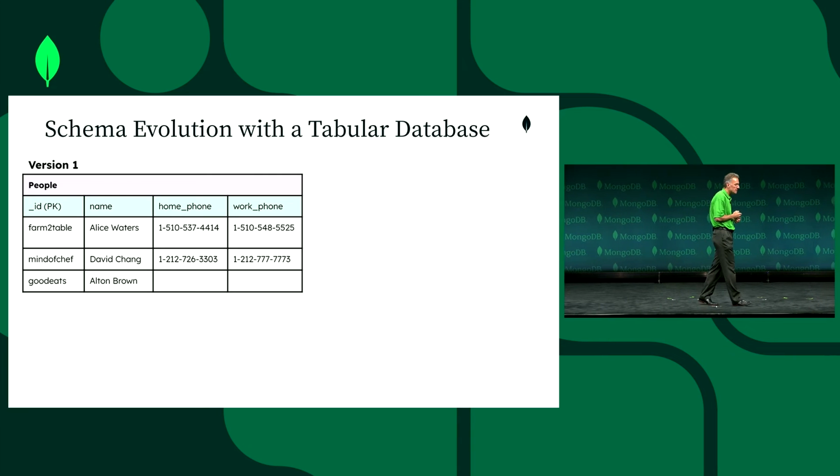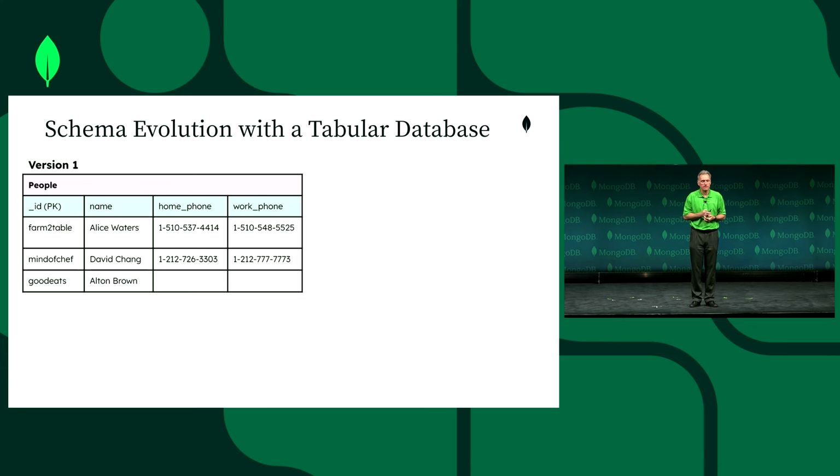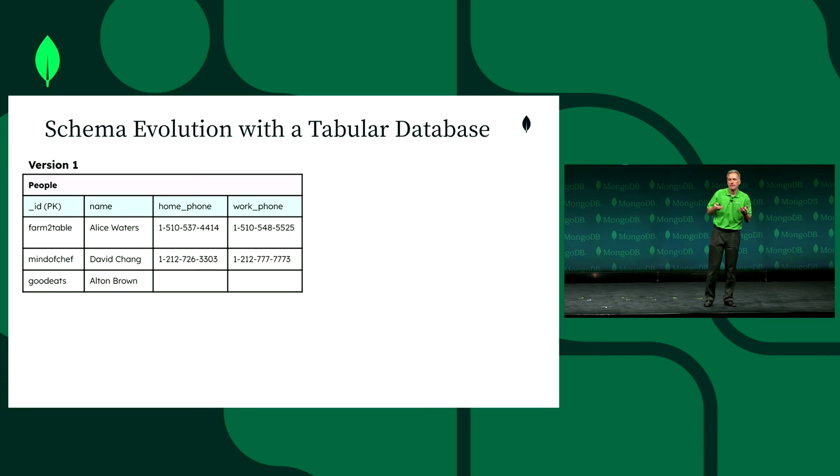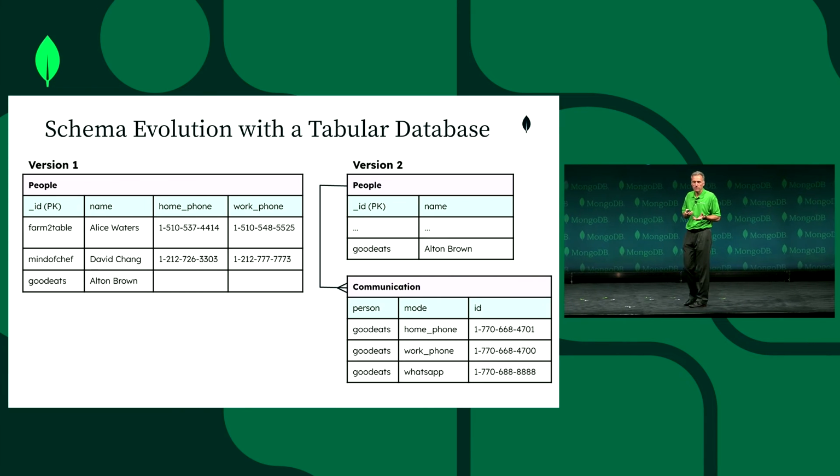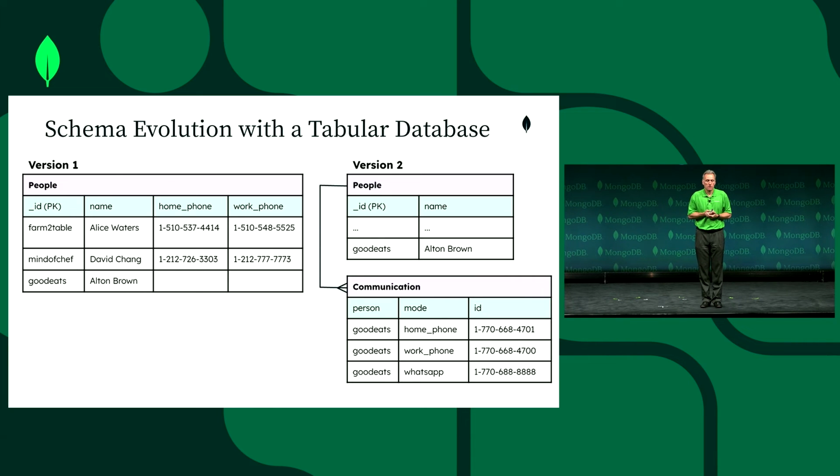Okay, so let's do this update for our relational database. I have a version 1 of my document. So I have people, and in those years, we had a home phone number and a work phone number. Nothing else existed. And then we have a new person who comes into our database, and that person has a different way to be reached. So Alton is this new person.